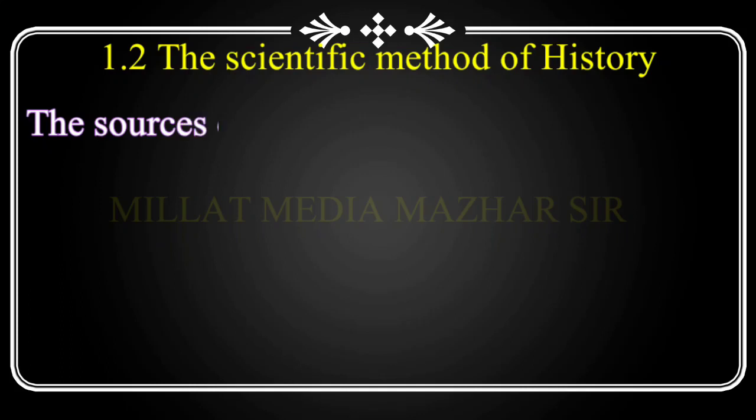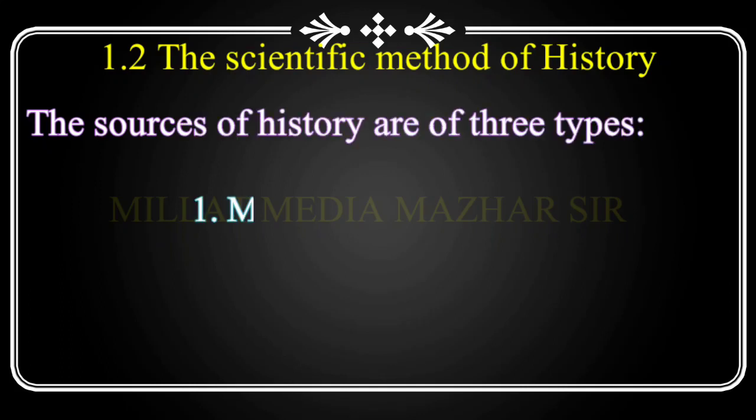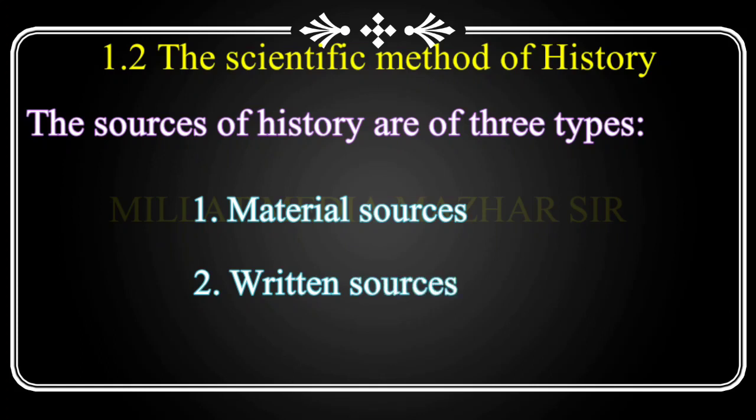The sources of history are of three types. Number one, material sources. Number two, written sources. And number three, oral sources.